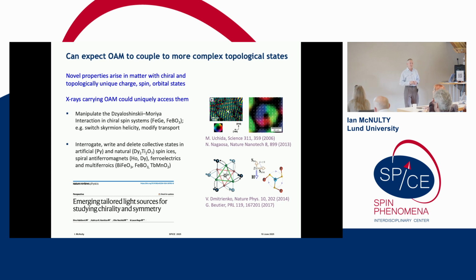There's quite a bit of other work, but rather than, again, steal the thunder for the rest of the talks, I'd just like to give you some ideas for where we might go in the future. These are relatively simple, I would argue, topological states, really only utilizing so far conventional dichroism, but with orbital angular momentum, not quadrupolar contrast, for example, which would be much weaker than the dipolar one.